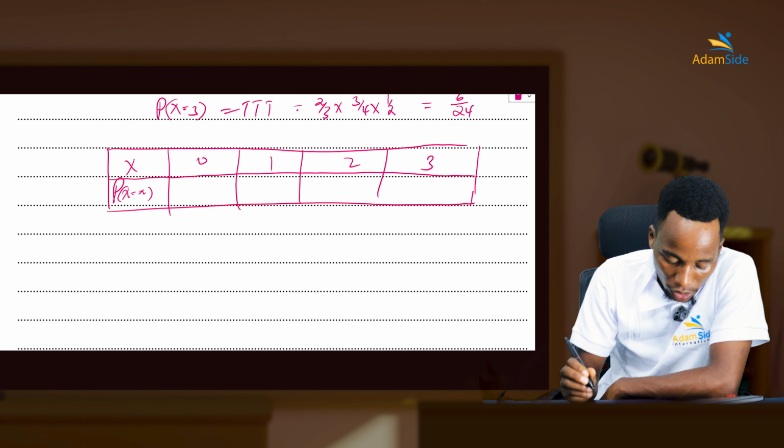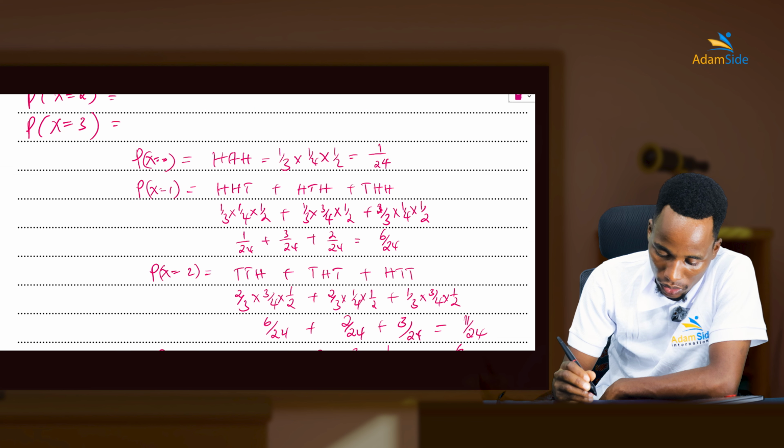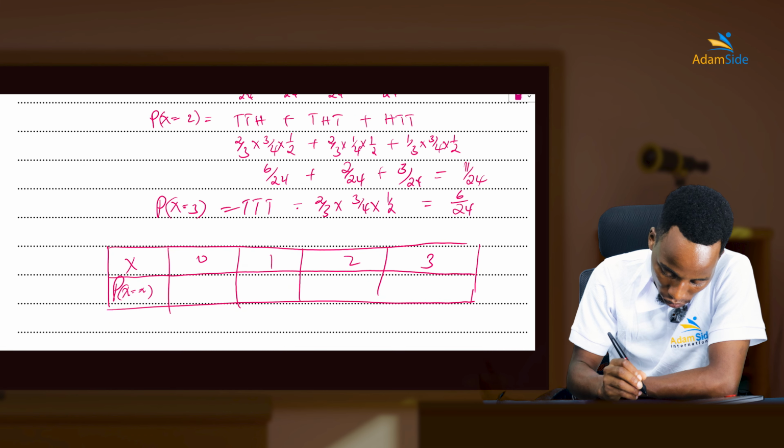The probability for 0 heads is 1 of 24. 1 head is 6 of 24. 2 heads is 11 of 24, and 3 heads is 6 over 24.